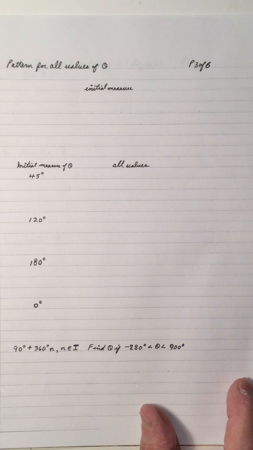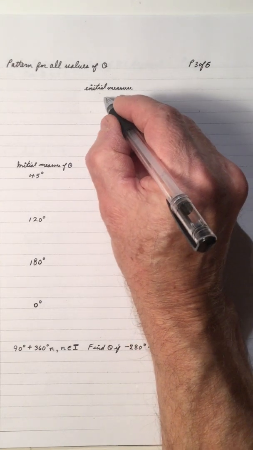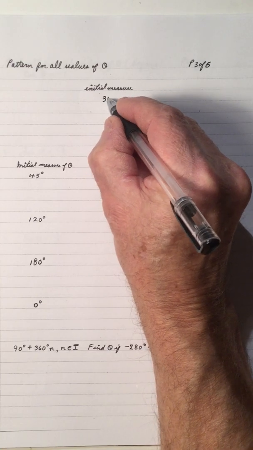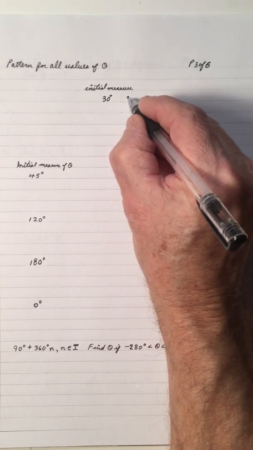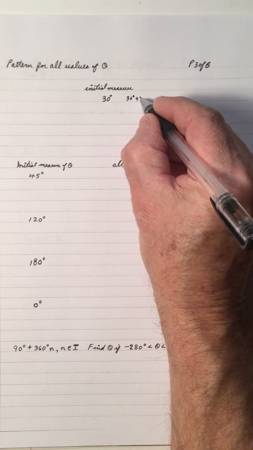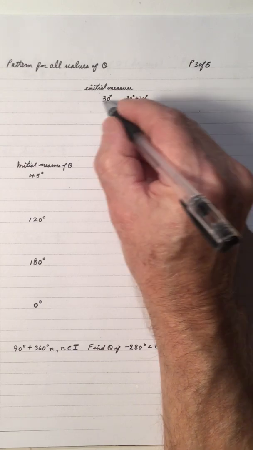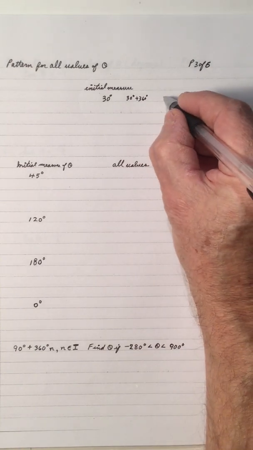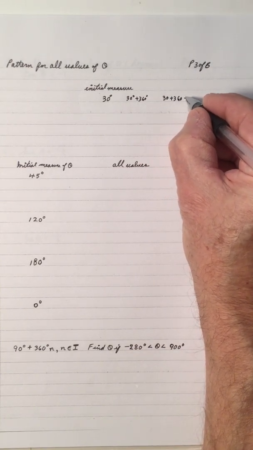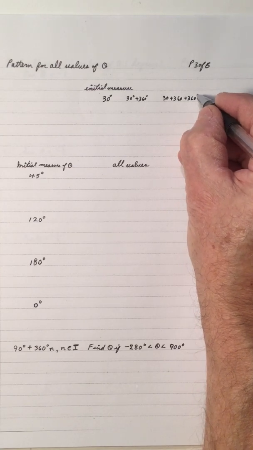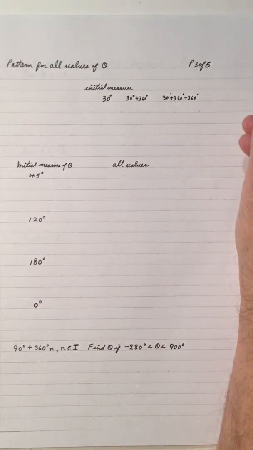Let's look at that a little bit further. Let's take an initial measurement of an angle at 30. If the period is 360, then if we take 30 and add on 360, we should get the same value, and if we add on another 360, we should get the same value again.